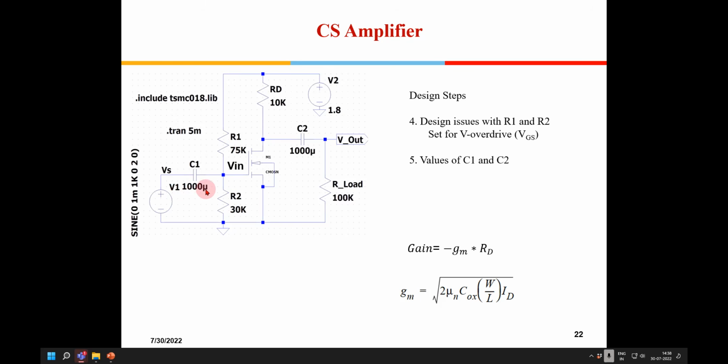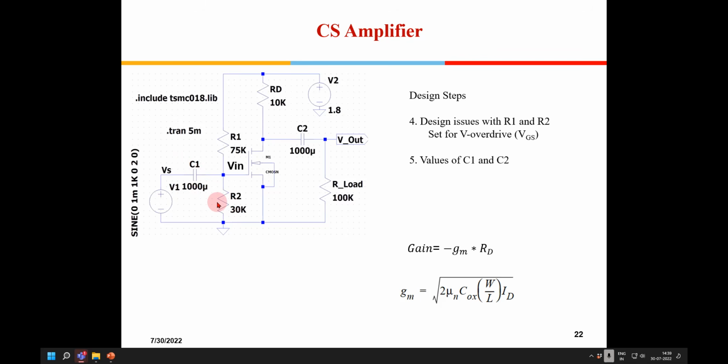So accordingly, what is the value of these two capacitances? These capacitors depend on your frequency of operation. Since we already said this is a high pass capacitance, if I am using it for a 1 kilohertz application, then this has to be at least RC value.